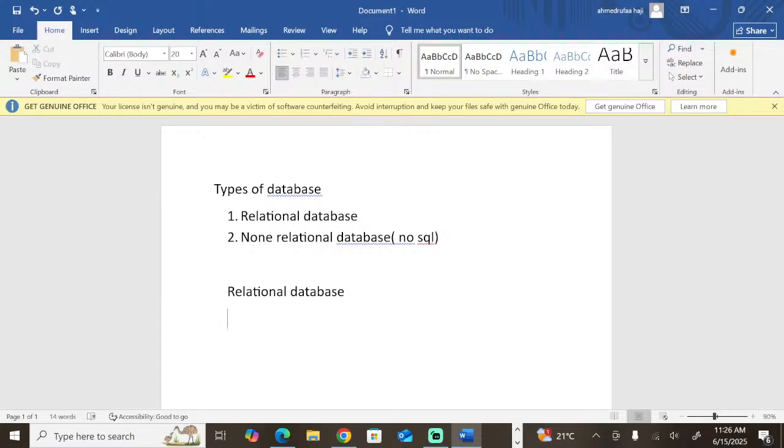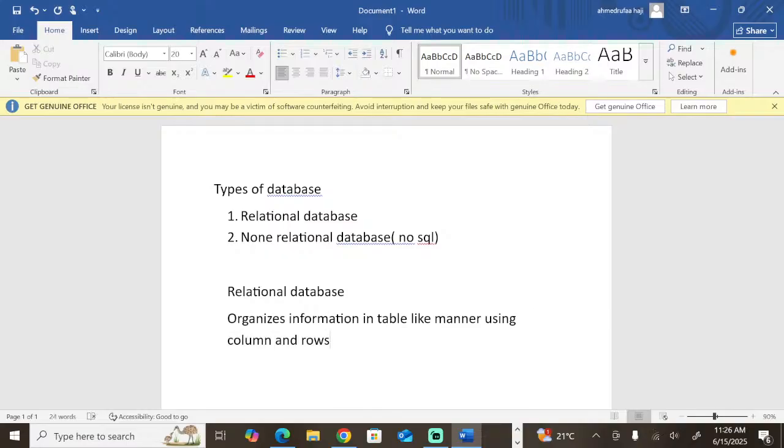So what is a relational database? It organizes information in a table-like manner, using columns and rows.